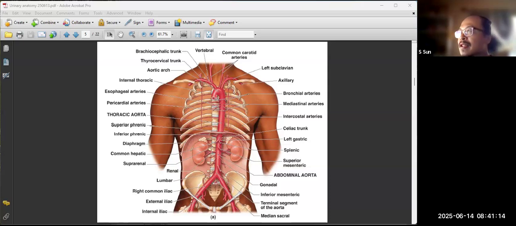So we have the ascending aorta, aortic arch, descending aorta. We are all very familiar with these vessels. And then the descending aorta goes into the thoracic aorta, transports through the diaphragm down to the abdominal aorta. And in the abdominal aorta, you will see that each organ gets its blood from the aorta, including the kidney.